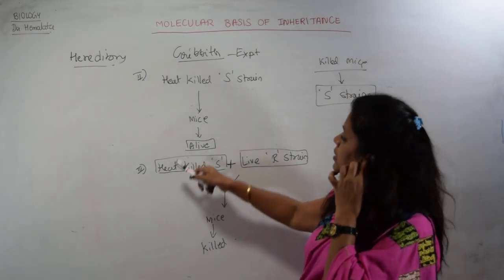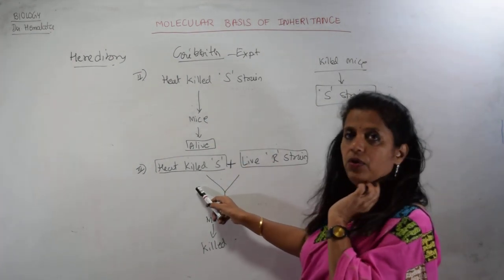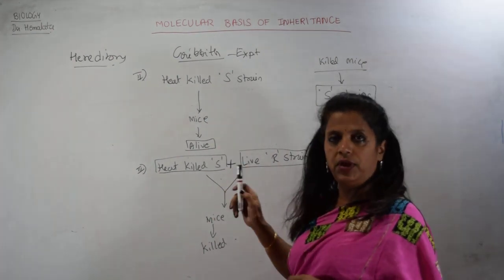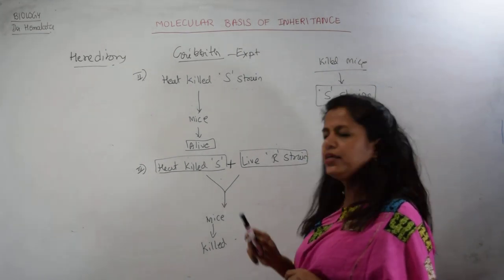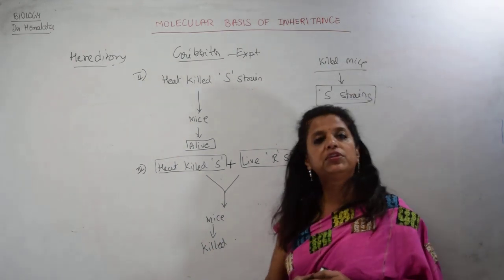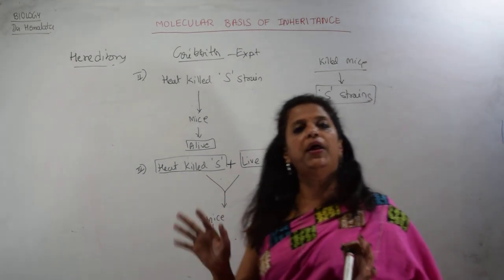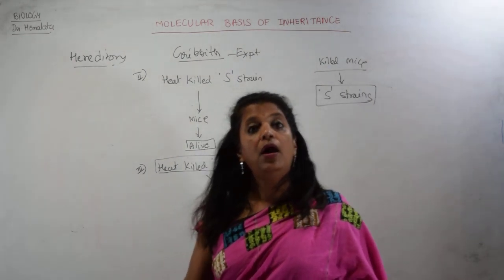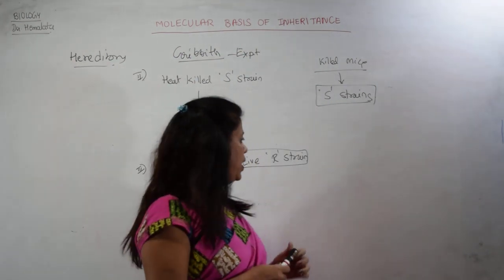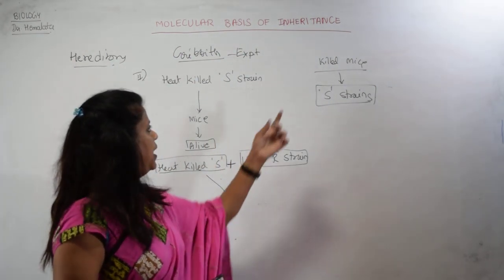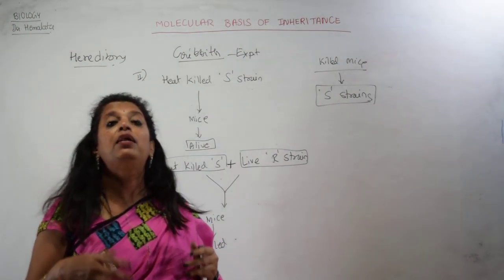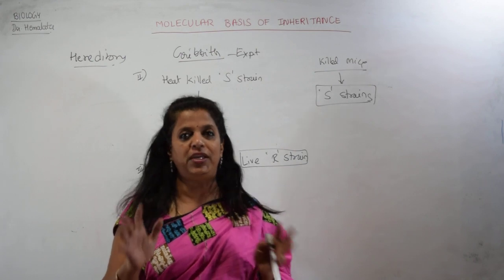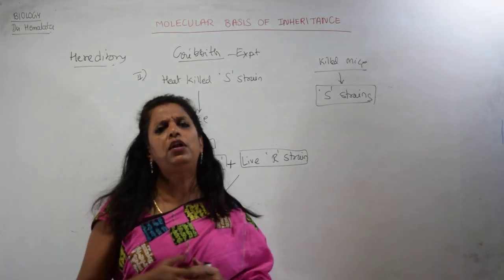But when this heat killed S strain was combined with the regular, living R strain, and the two were combined and injected into the mice, they were killed. This was a surprising result for him. He was wondering why they got killed. He took these mice, extracted the bacteria and observed that there were living S strains. This was the strange result he got.